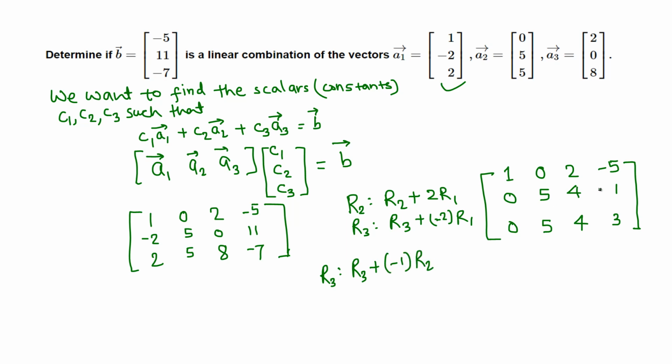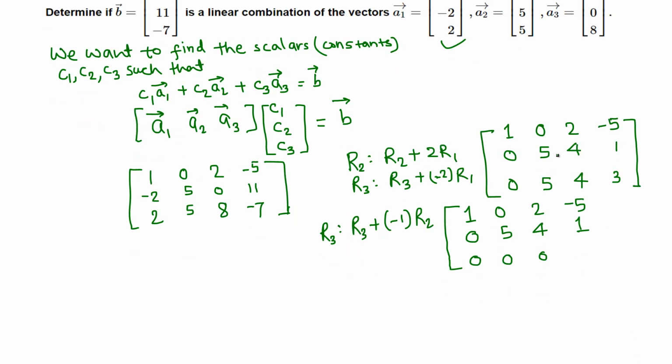If I multiply this by negative 1, this becomes negative 5. 5 plus negative 5 is 0. So we are only working on R3. R1 and R2 stay the same. Only R3 is being changed. So we get 5 minus 5, 0, 0. 3 plus negative 1 is just 2.